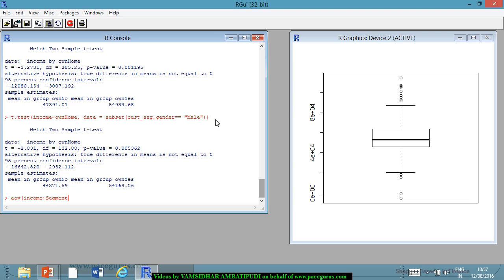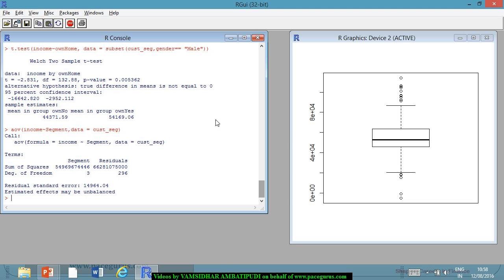I'm looking at income across the segments where my data is cust underscore seg. This is my ANOVA model. It's better that I save this particular model to a variable because anyhow I have to do an anova on top of it to get the complete ANOVA table.